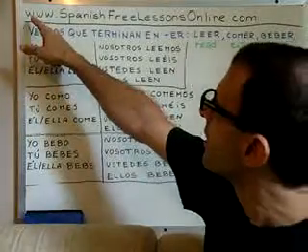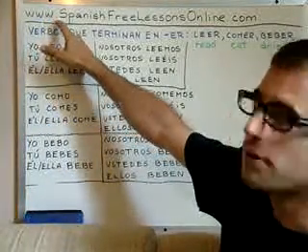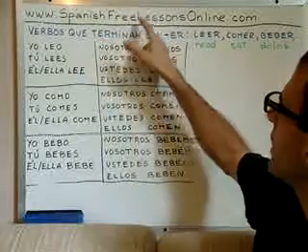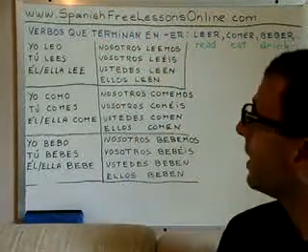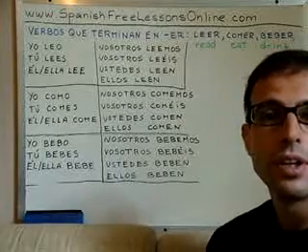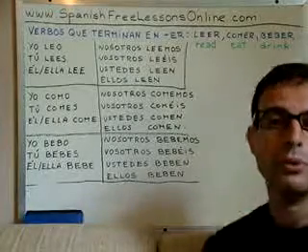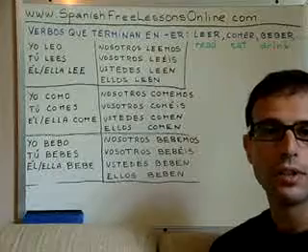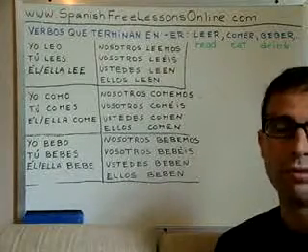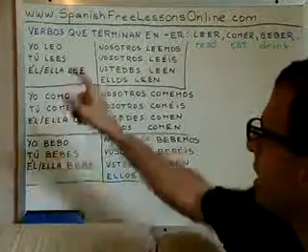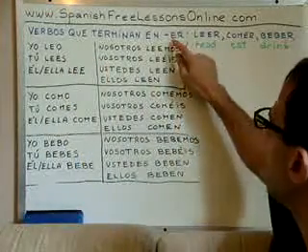We are at www.spanishfreelessonsonline.com, and in this lesson I want to teach you the rule for how to conjugate the regular verbs of the group of verbs that finish in ER.